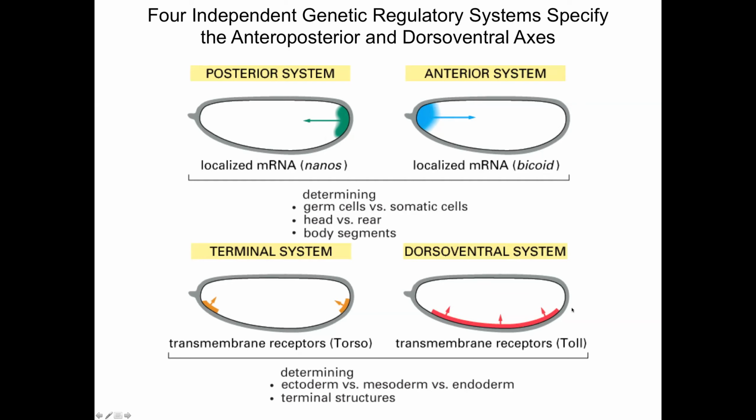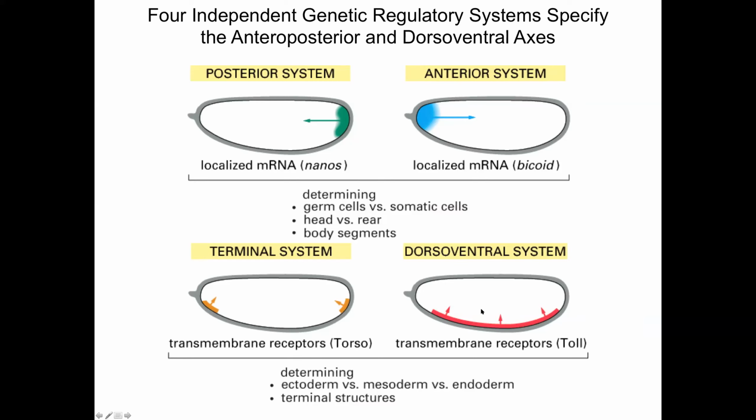And for the dorsal ventral system, it is the transmembrane toll receptors. Toll is another receptor in immunity, which won the Nobel for innate immunity. Again, a fundamental discovery in Drosophila. But it is very interesting that development utilizes an immune gene for specifying its dorsal ventral axis.